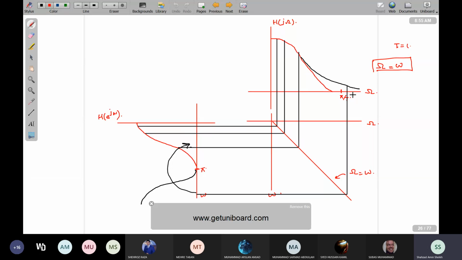As long as everything is within that limit of pi over T, everything will be within the limits of pi, which is the requirement because we will have the multiple copies in that case. But if something is leaking out, these things will go out of pi, but there is no such thing as greater than pi. There is no unique component of H of exponential j omega greater than pi because everything is limited to pi. The maximum frequency in discrete time systems is pi. Everything is repeated after that. As a result, that would be wrapped around in this zone, and we will have aliasing.